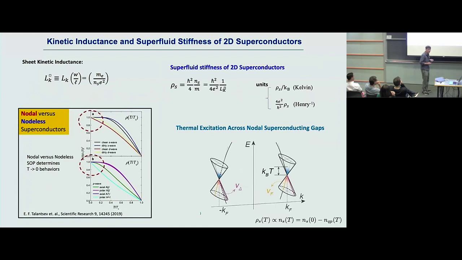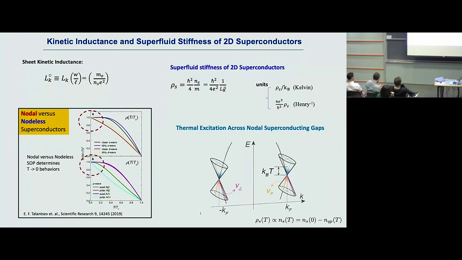An important signature I want to look at here is first whether it's a nodal or nodeless superconductor. As I said, that can be measured through the temperature dependence of the kinetic inductance, converted into the superfluid stiffness.